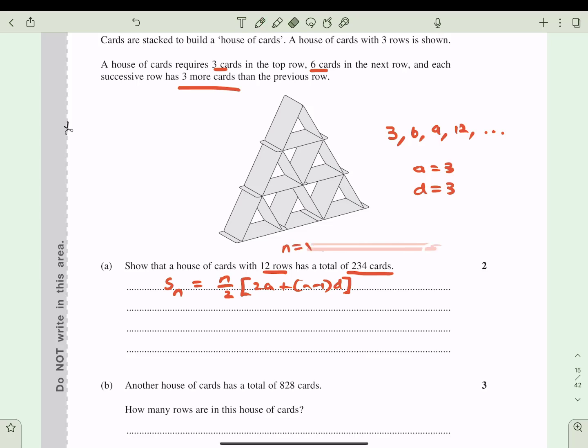Therefore, this is equal to 12 divided by 2, times 2 times 3, plus 11 times 3. Okay, that's equal to 6 times (6 plus 33), which when we put that into our calculator, should equal 234. Okay, so that's using the arithmetic series formula.